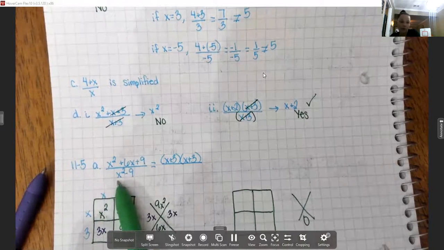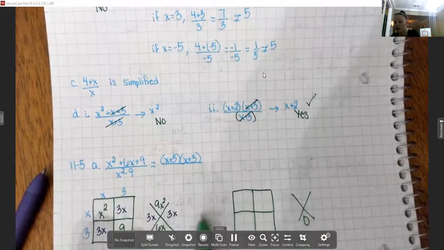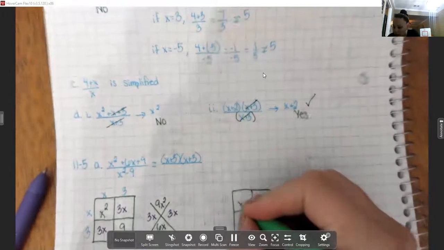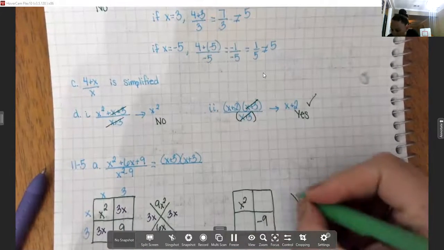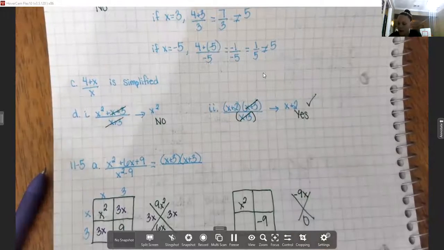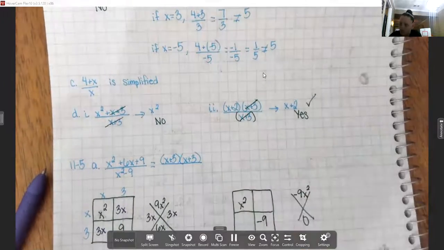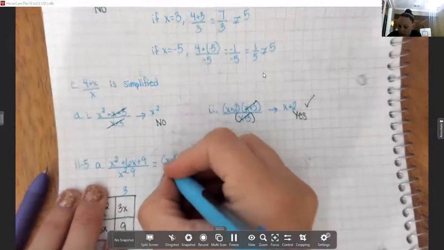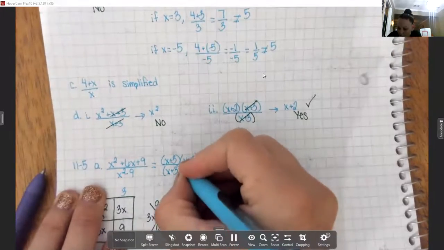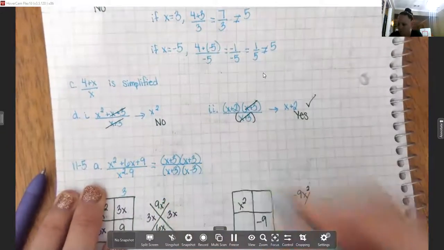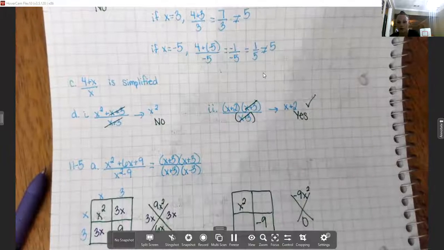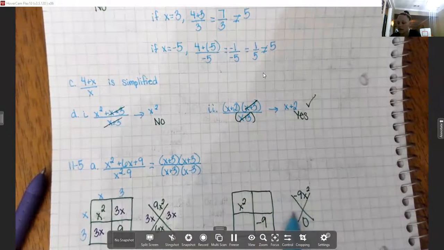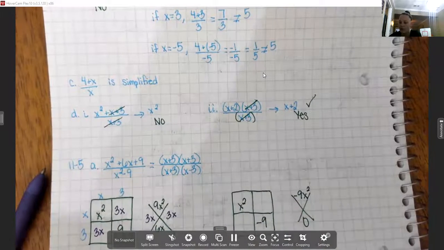And if you don't remember that shortcut, fine. You can use your box and diamond. It would still be x squared, negative 9, negative 9x squared. But your difference of squares here factors to x plus 3 times x minus 3. Because these sides of our diamond would be 3 and negative 3.